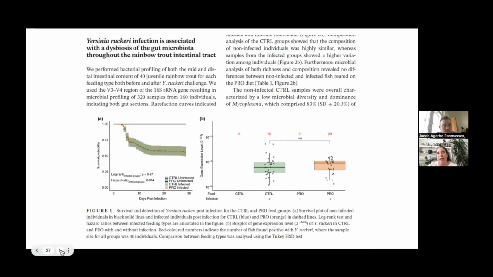And just for people to have an idea as well, every time there are experiments with animals, there's a lot of paperwork, and there's an ethical committee that needs to approve your experiments, and you need to prove that it's absolutely necessary, and you have to use the minimum amount of animals that will give you your statistically significant results.